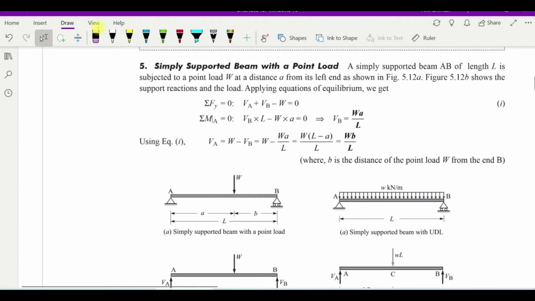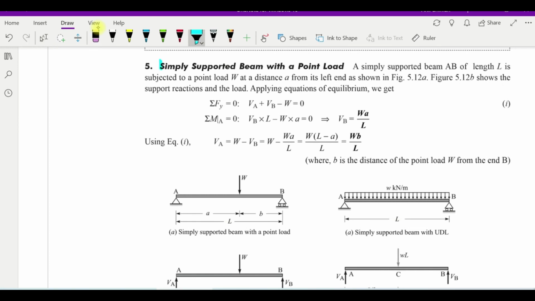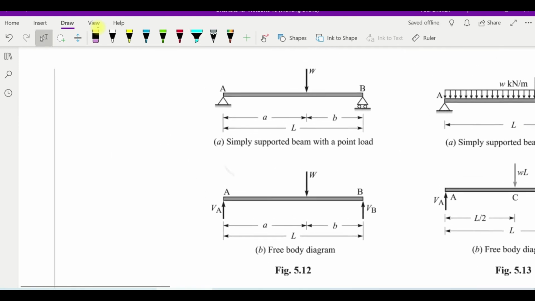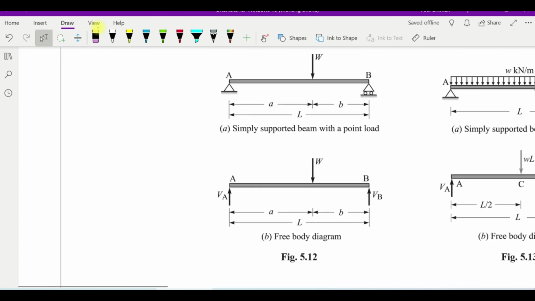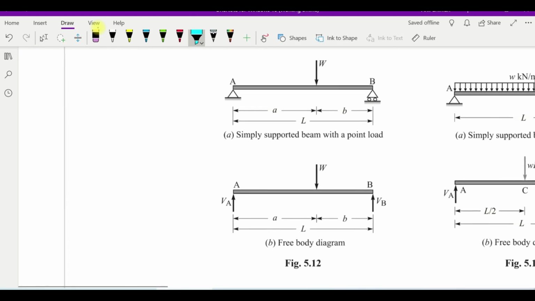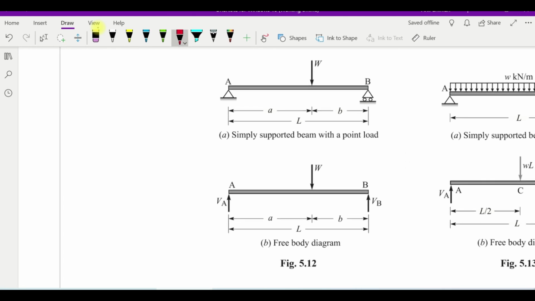Next one is this simply supported beam with a point load. Again, A is hinged, B is simply supported, and we have removed the supports and applied support reactions VA and VB, and load is applied at a distance a from end A and b from end B. Let us use the equations of equilibrium. First one, summation of all vertical forces equal to 0.